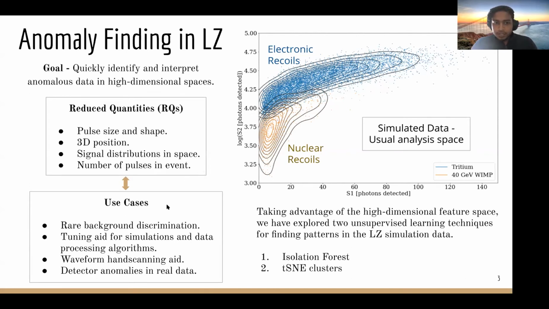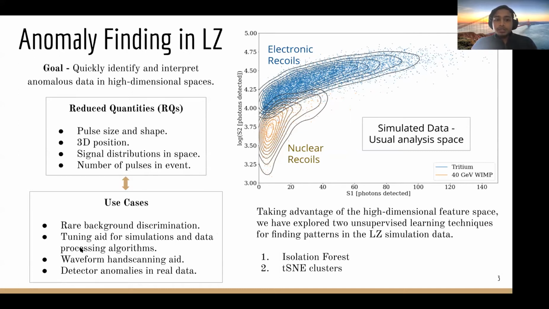What can you do with all this? Well, it depends. You can identify rare backgrounds. If you know the type of background that you're trying to discriminate against, you can select your RQs in such a way that you have the best discriminatory power to remove these backgrounds.